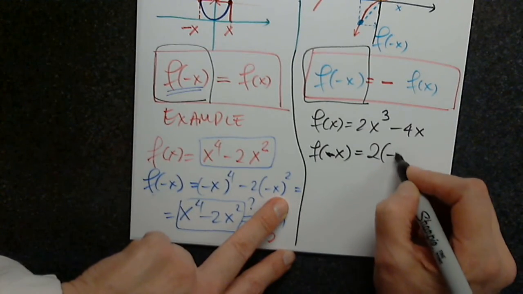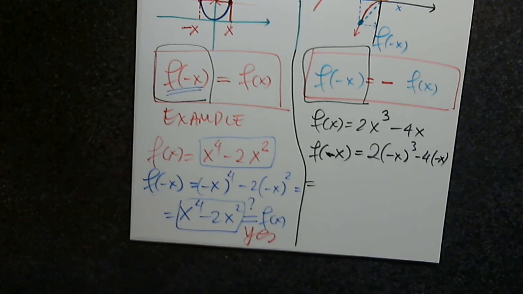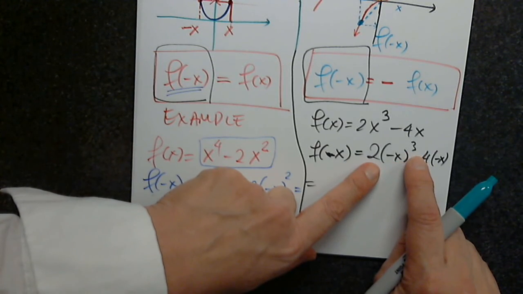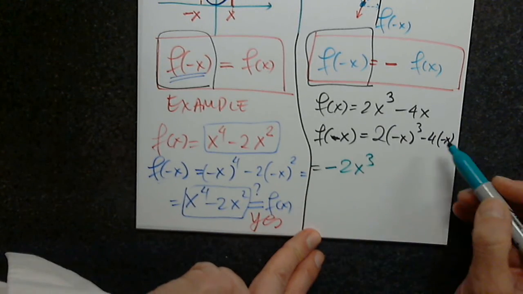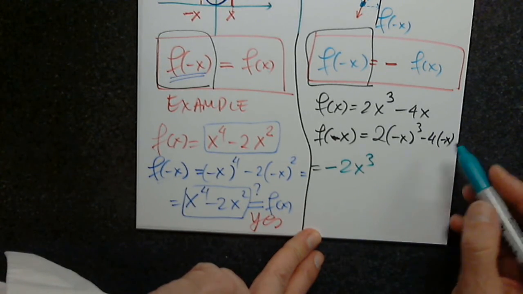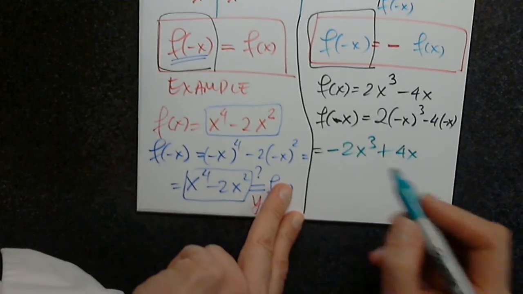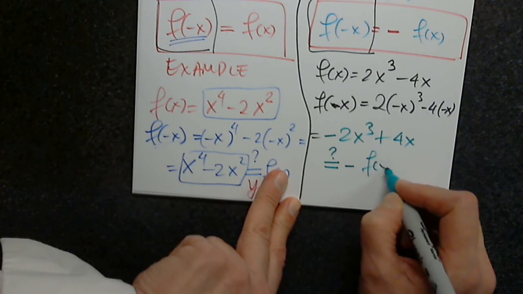So then I have 2 times negative x to the third and minus 4 times negative x. How much is negative x to the third power? Negative x to the third power is negative x cubed. Very good. How much is negative 4 times negative x? Good. So now I'm asking myself, does this equal the opposite of f of x?